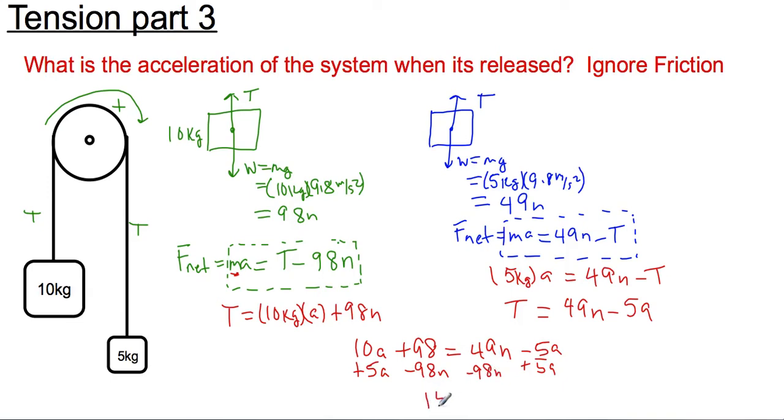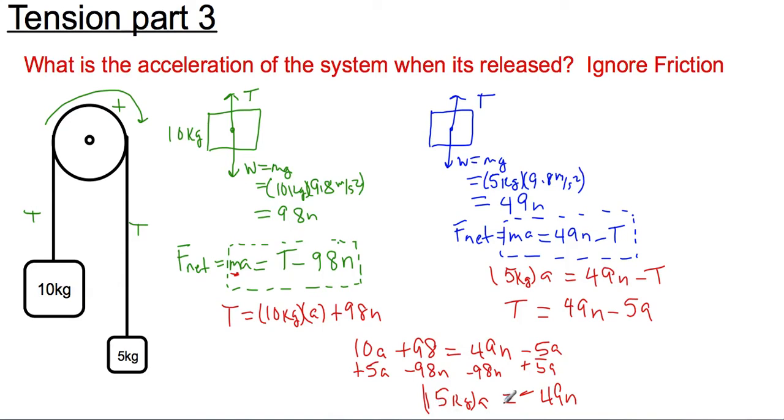I end up with 15 kilograms times A is equal to, oops, that's a mistake, I'm sorry. It's a positive 49 minus 98, which makes that minus 49 newtons left over, because one is half of the other.